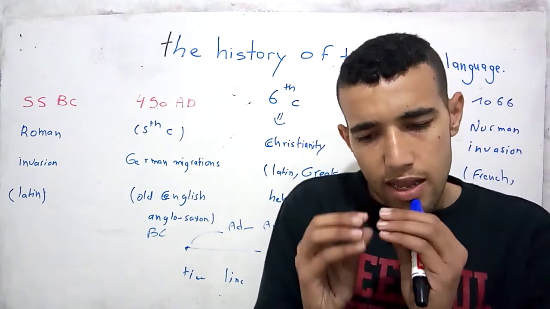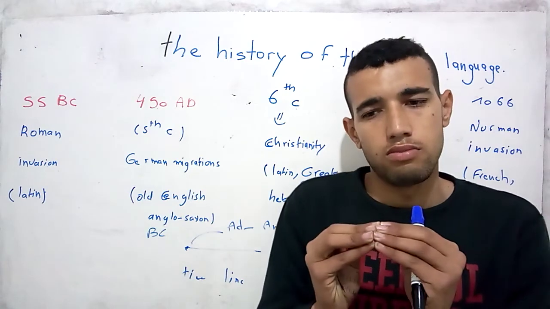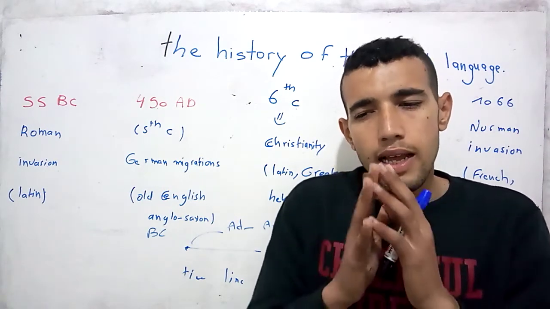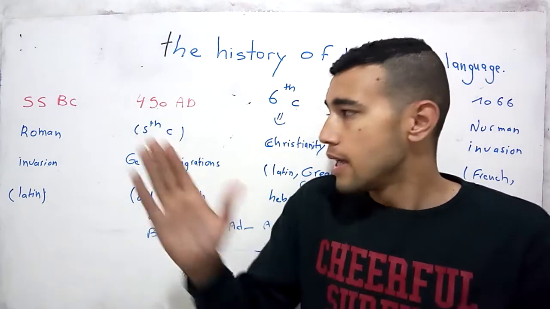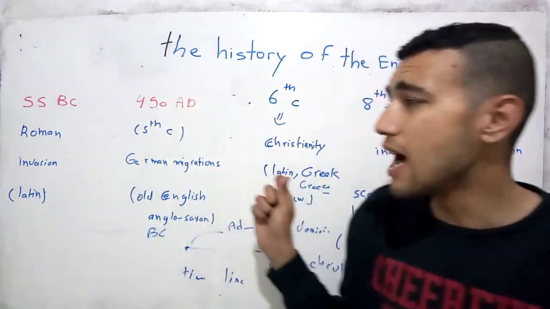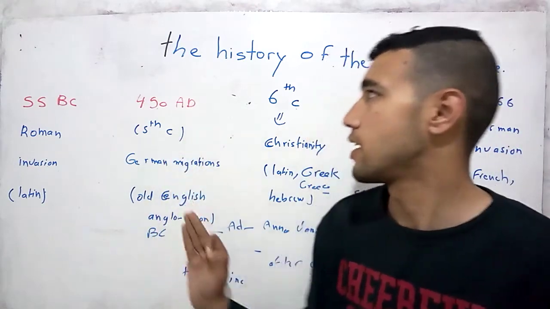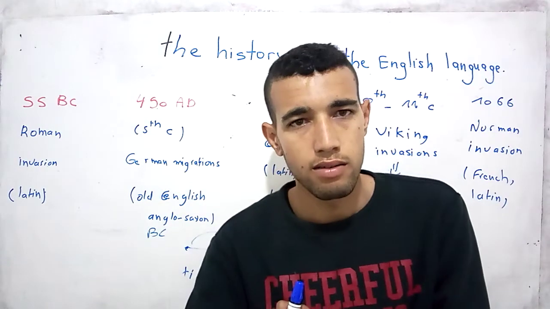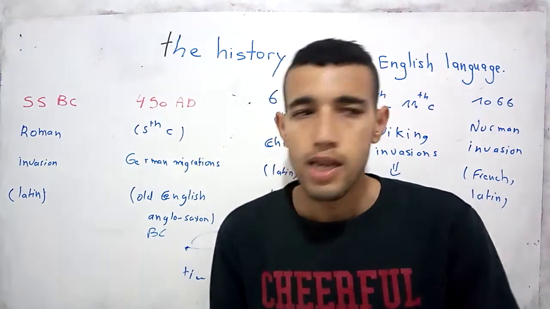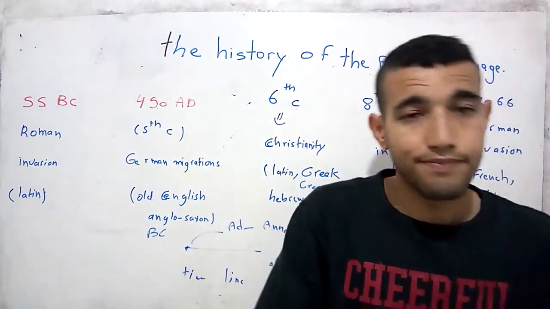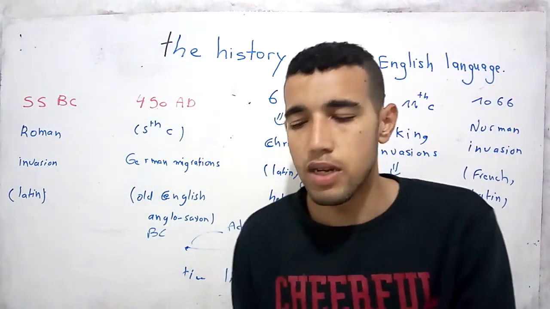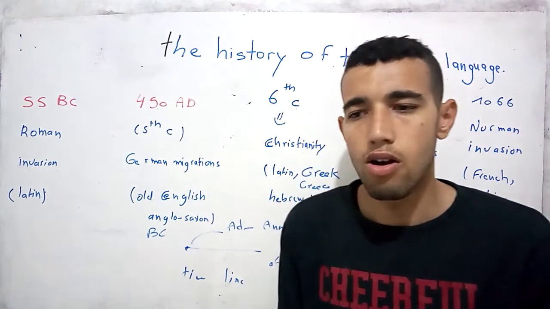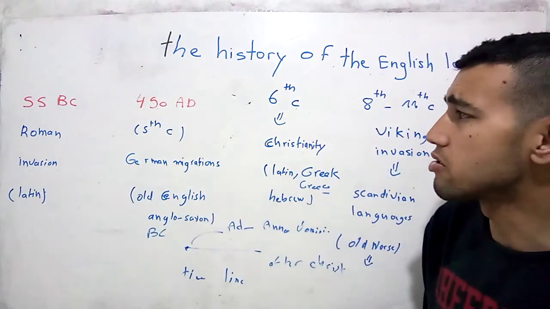We need to pay attention to an important trick. English doesn't have a specific origin. Some call English a Germanic language. Some say it is a Romance language, coming from Latin civilization or ancient Rome.